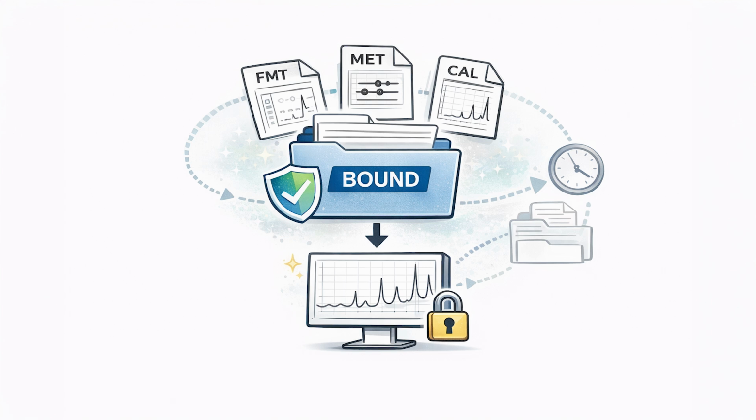That is why a bound file consistently reproduces the same interpretation, even if the working method or calibration files have changed. The bound file provides stability, traceability, and long-term reproducibility. It ensures that even years later, when supporting method files may have changed or been deleted, the analysis can still be recreated exactly as originally reported.